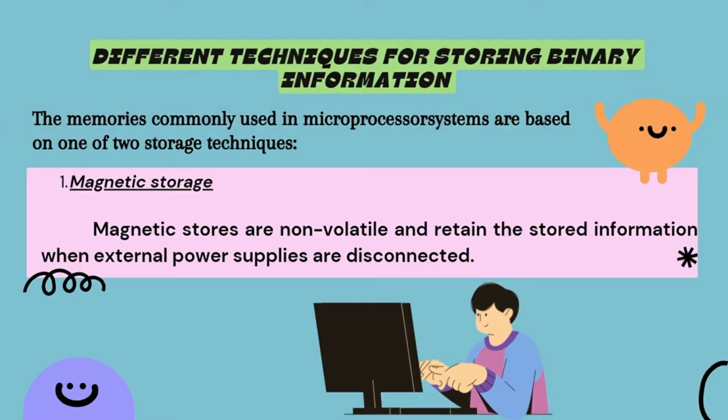There are different techniques for storing binary information. The memories commonly used in microprocessor systems are based on one of two storage techniques. One is magnetic storage. Magnetic stores are non-volatile and retain the stored information when the external power supply is disconnected.